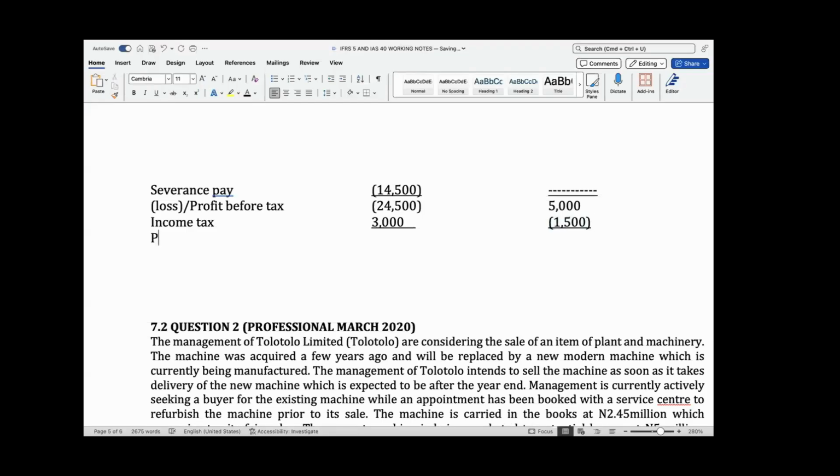So profit for the year, this 24,000, net it off against the credits, it reduces our loss to 21,500.